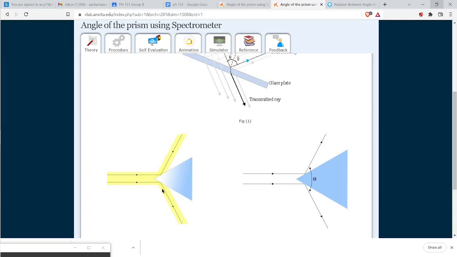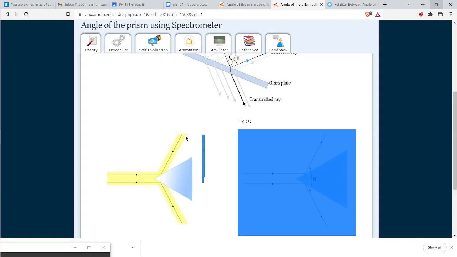So we can expect a reflected beam from this part and a reflected beam from this part. So here we have the telescope. We will move the telescope from this direction to this direction and this direction to this direction. So we can get the reflected beam for both the reflections.